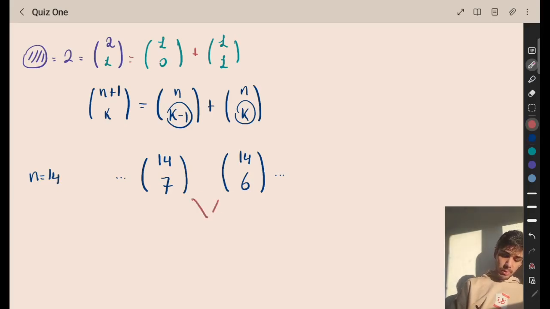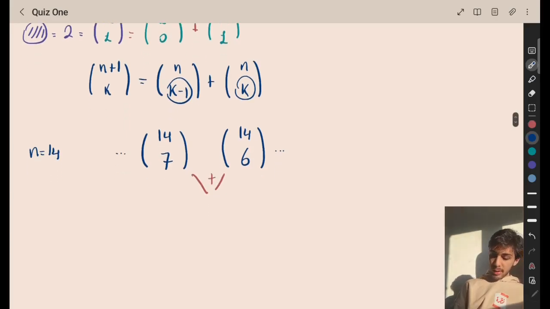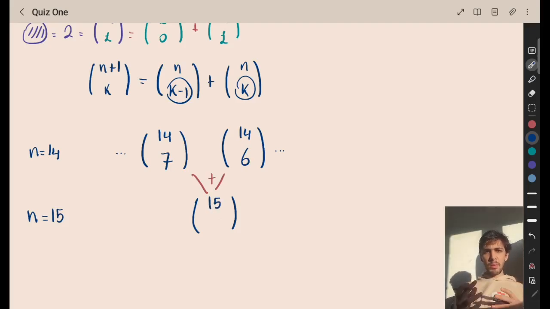Now, if I add these two, and this is really what I'm aiming at, I go to the next row, which is something we've universally agreed on now. You'll get 15. Perhaps there is some debate on whether this should be 7 or 6, but in the end it will be 7.